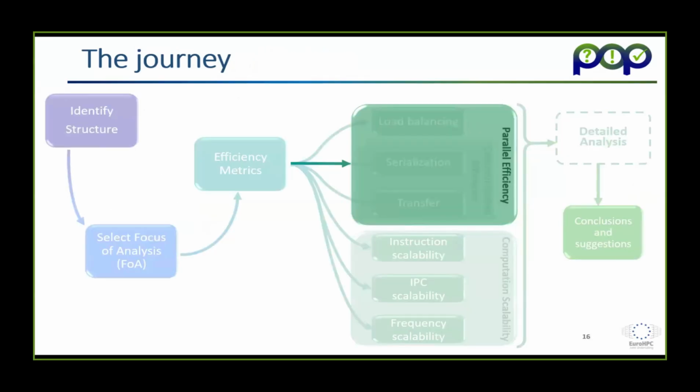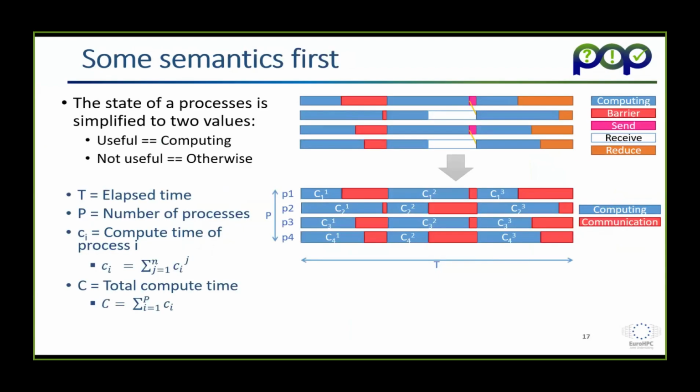Okay, so now let's go to the efficiency metrics. But before going into the efficiency metrics, I need to give you some information on the naming that we use. If this represents a trace like the one I was showing you before, the blue is useful, the red is waiting in a barrier, the pink and white is a send/receive, and the orange is a reduce.